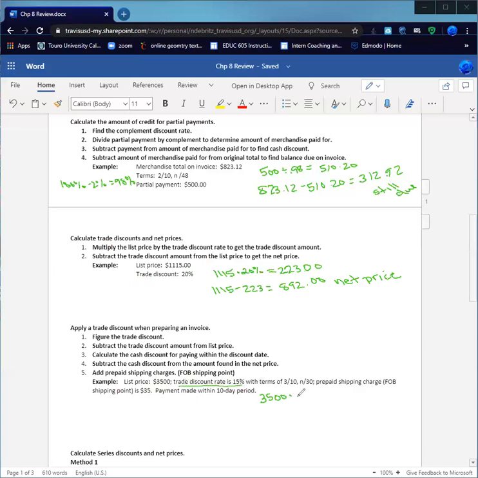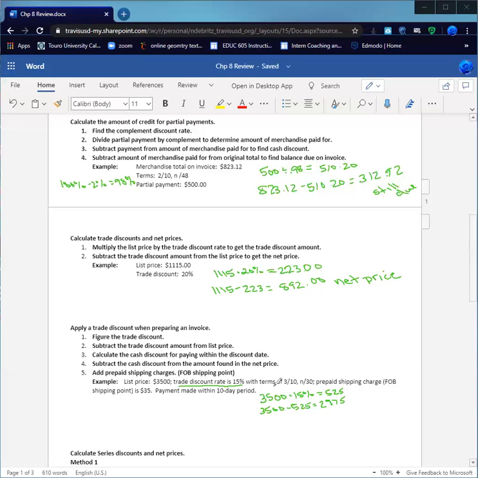So times 15%, which equals $525. Then I'm going to subtract that from the 3,500. So the person's actually supposed to pay $2,975 for the merchandise they purchased.